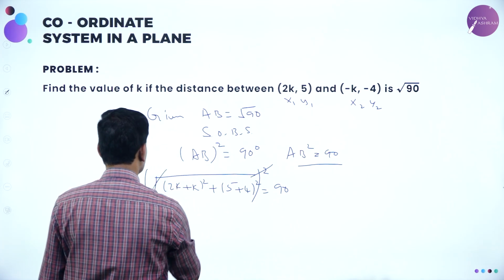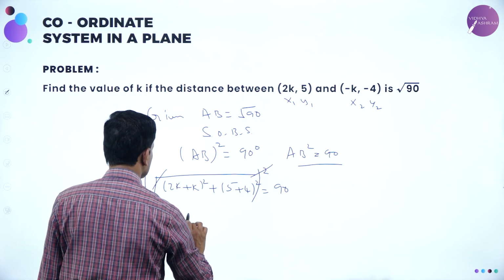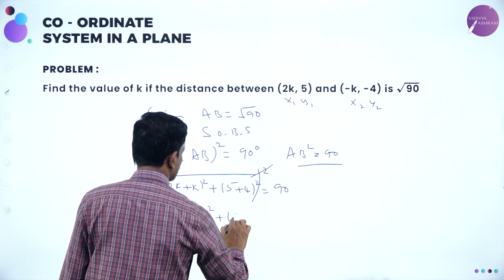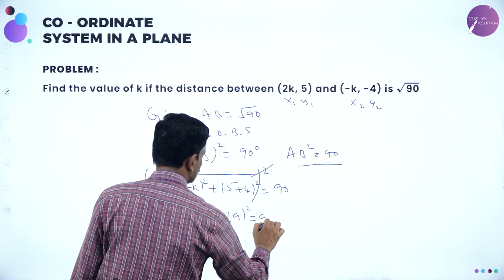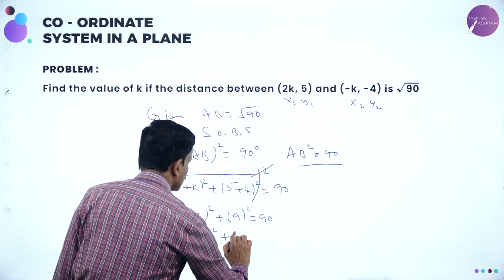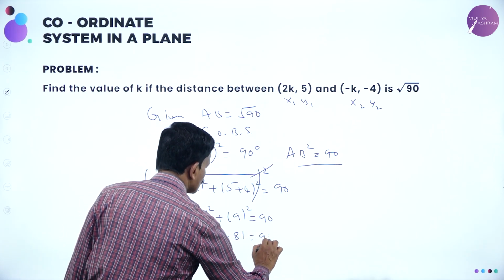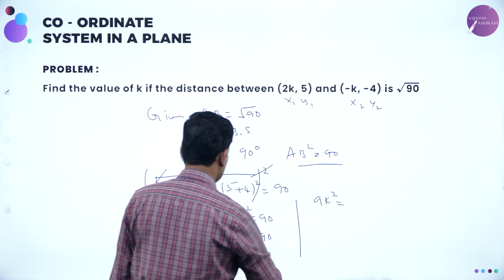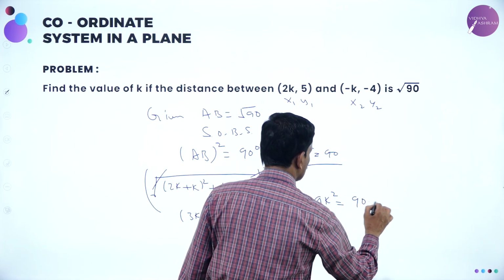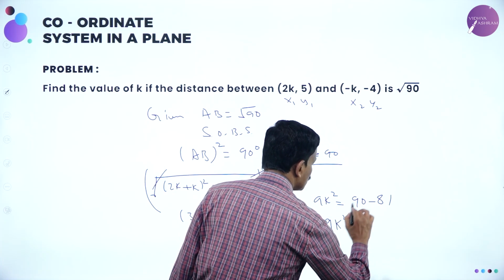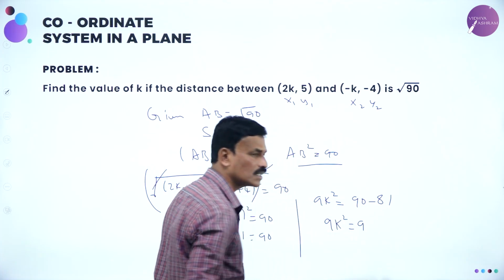Here square and square root gets cancelled. 2k plus k is 3k whole square plus 5 plus 4 is 9 square is equal to 90. 9k square plus 9 9s are 81 is equal to 90, or 9k square is equal to 90 minus 81. So that is 9k square is equal to 9.